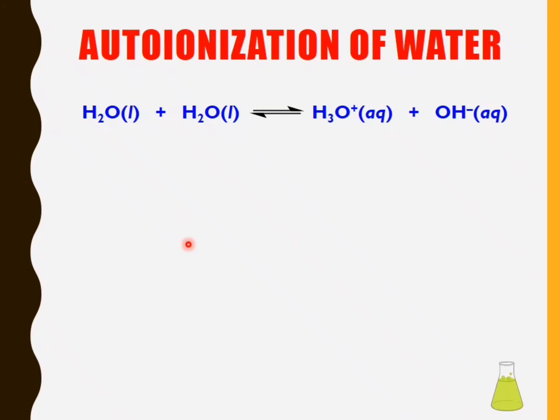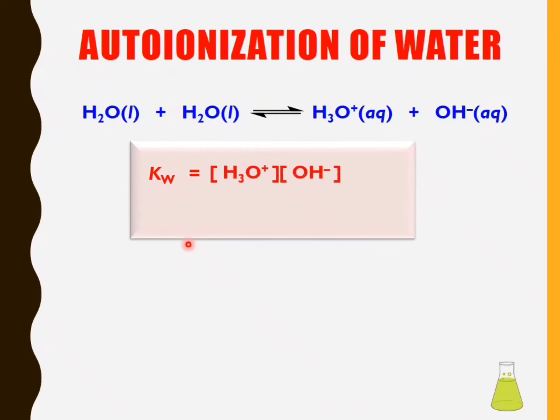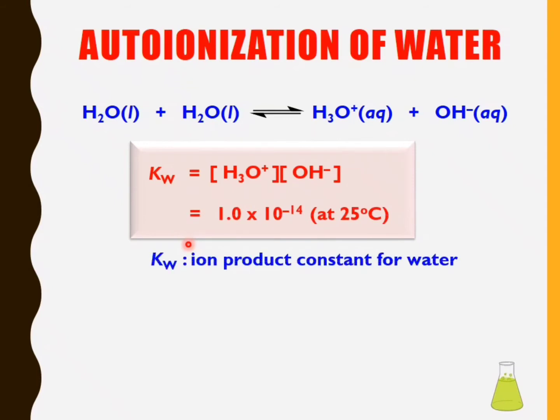So for water, dia ada satu formula baru. Tadi Ka Kb, sekarang Kw. Okay, what is Kw? Kw is ion product constant for water.